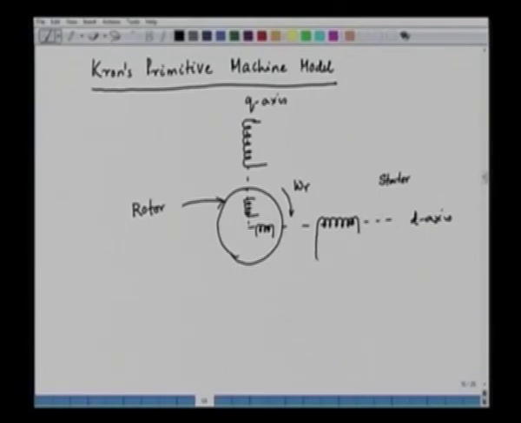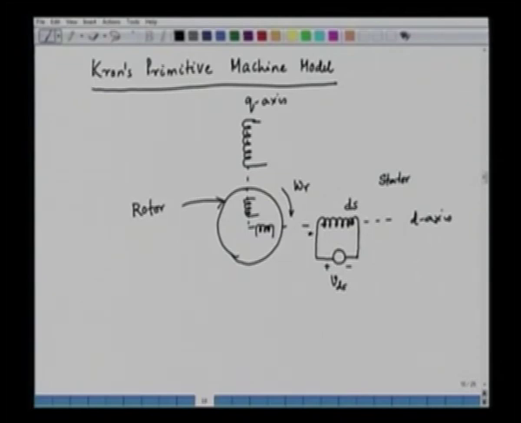In the D axis we have the stator winding, which we call the DS winding, and we can have an applied voltage here, VDS. D stands for the direct axis and S stands for the stator, and this is my terminal marking.